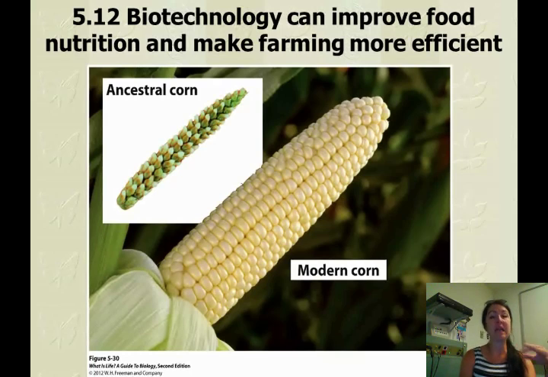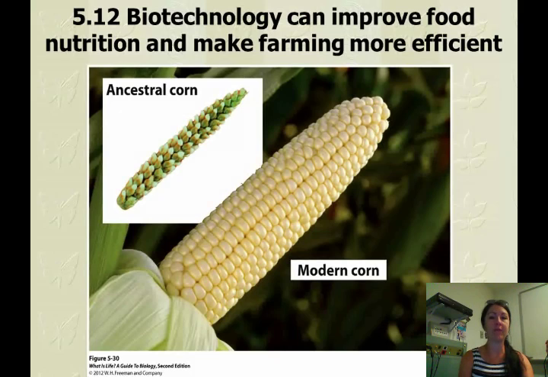It may taste better. It may be more resistant to insects or to weeds. It may be that the more that we screw with it, maybe it will go extinct because we'll mess it up so badly that we won't have corn anymore. So if we don't have corn, think about all the stuff that has corn in it that you eat.